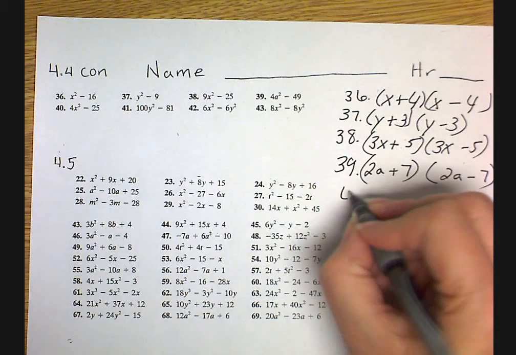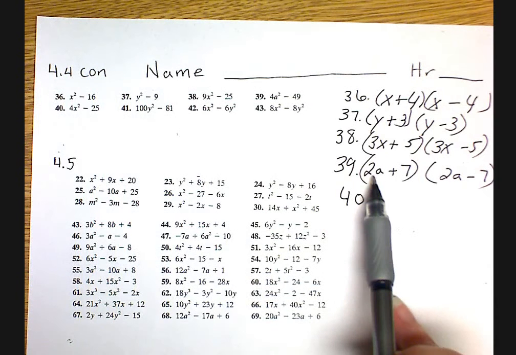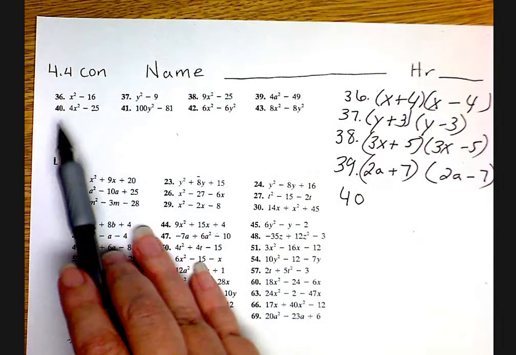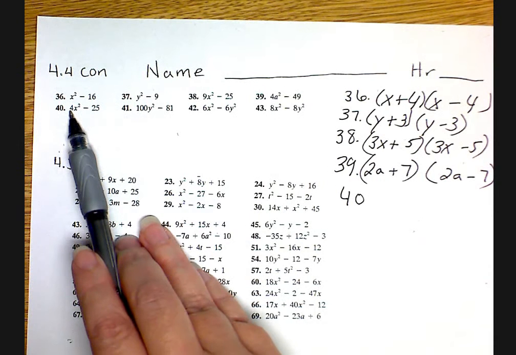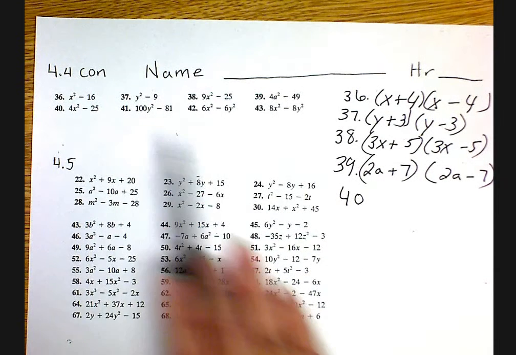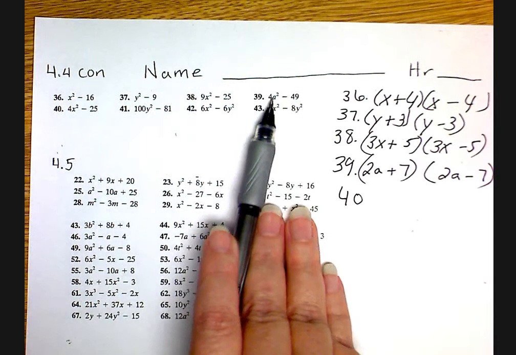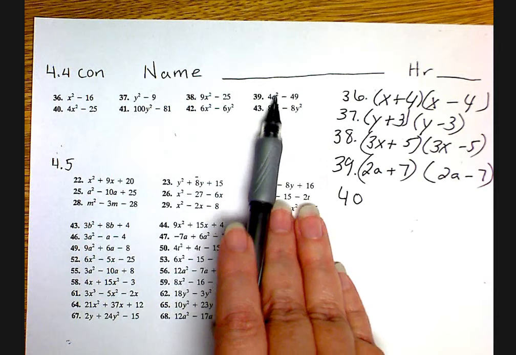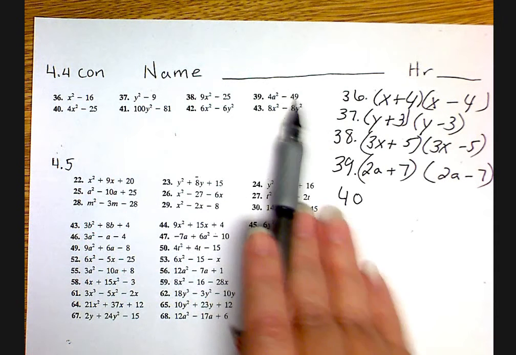Okay. So I'll tell you how we did 39, and then you can do 40 still. So what you do is you take the square root of this. The square root of 4 is 2. Square root of x squared is x. Square root of a squared is a. The square root of 49 was 7 and 7.